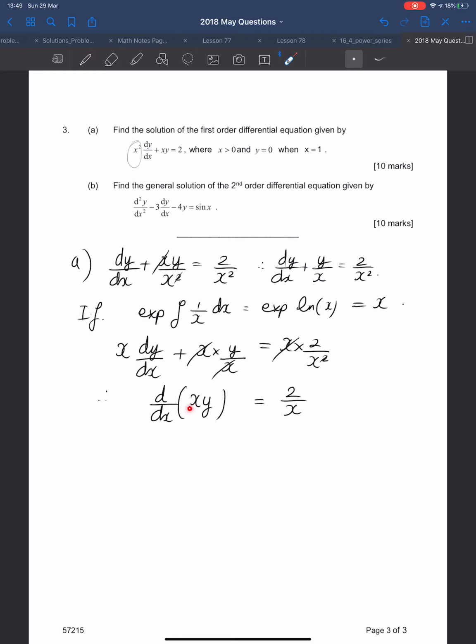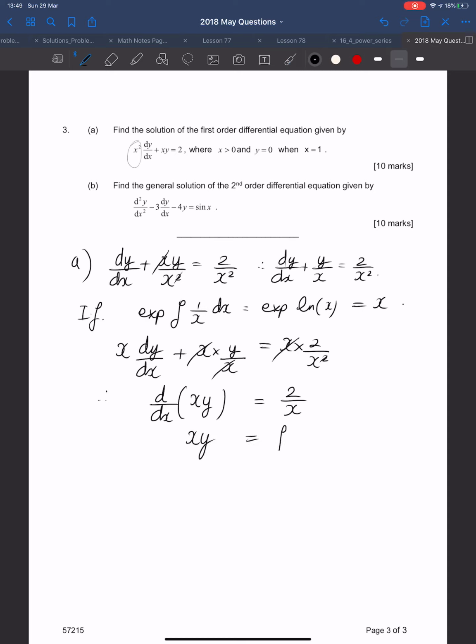This is a product, and if you differentiate this product you should get this pair here. First times the derivative of the second, plus second times the derivative of the first. Once you've got that, it's always going to be d by dx of integrating factor times y. Anyway, it's up to you what you do there.